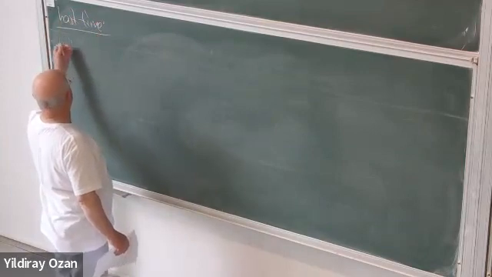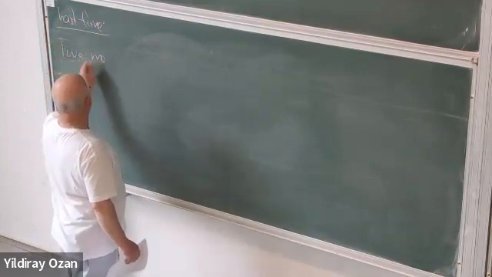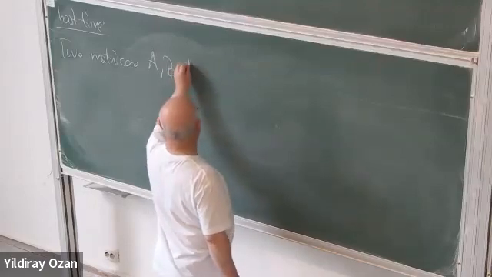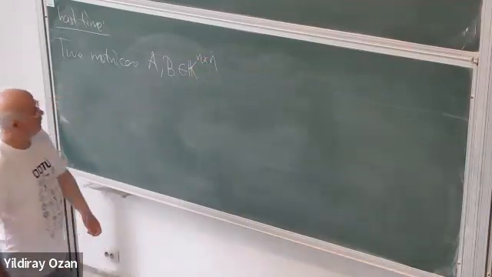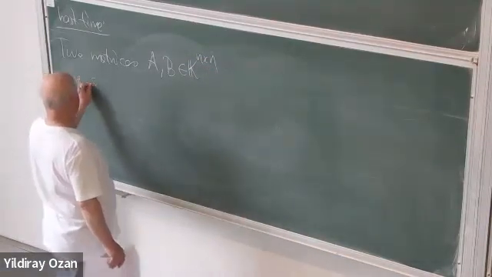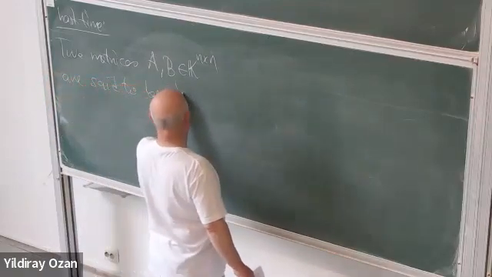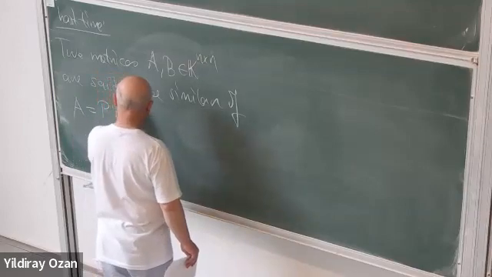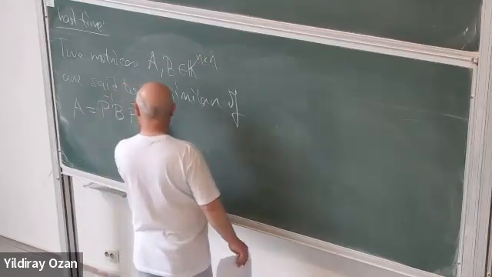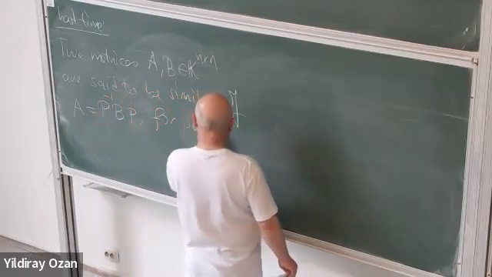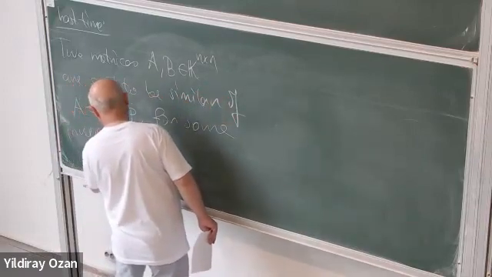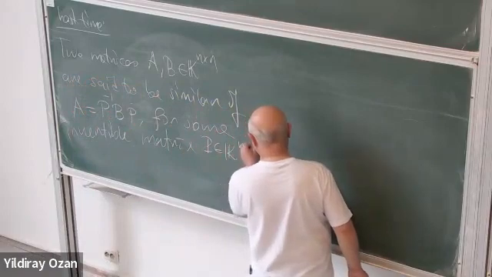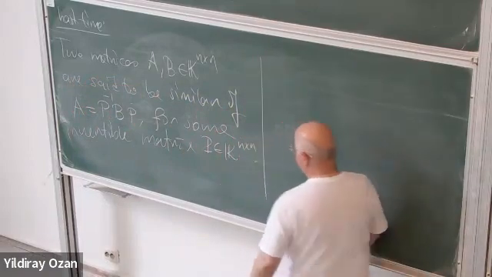We said the two matrices A and B, let's say over the field K, are said to be similar if A equals P times B times P inverse, for some invertible matrix P. Of course, this means the following.